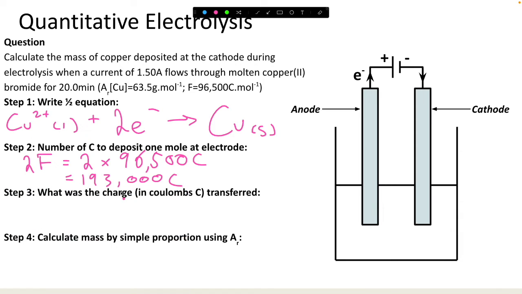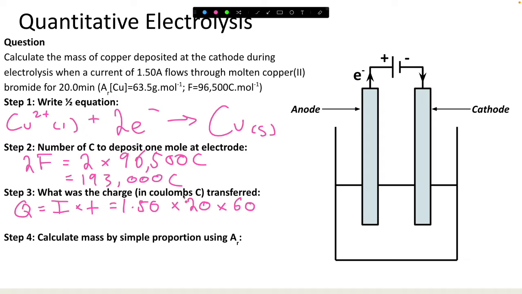So now, how much charge did we actually put through this system? Well, our charge is equal to the current times the time. We have a current of 1.50 amps multiplied by 20 minutes, but we've got to get that into seconds.